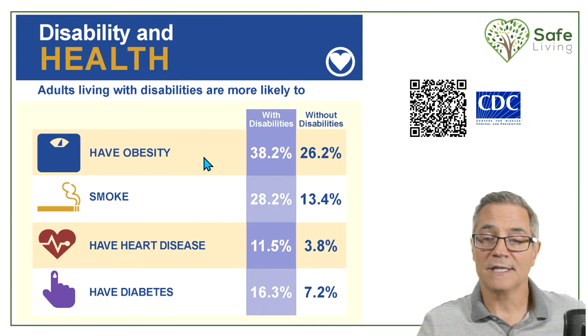On the obesity side, 38.2% of people with disabilities are obese versus 26.2% without a disability. 28% are smoking versus 13% not smoking. 11.5% will have heart disease versus 3.8% without disabilities, and have diabetes, 16.3% versus 7.2%. So again, these statistics are here.